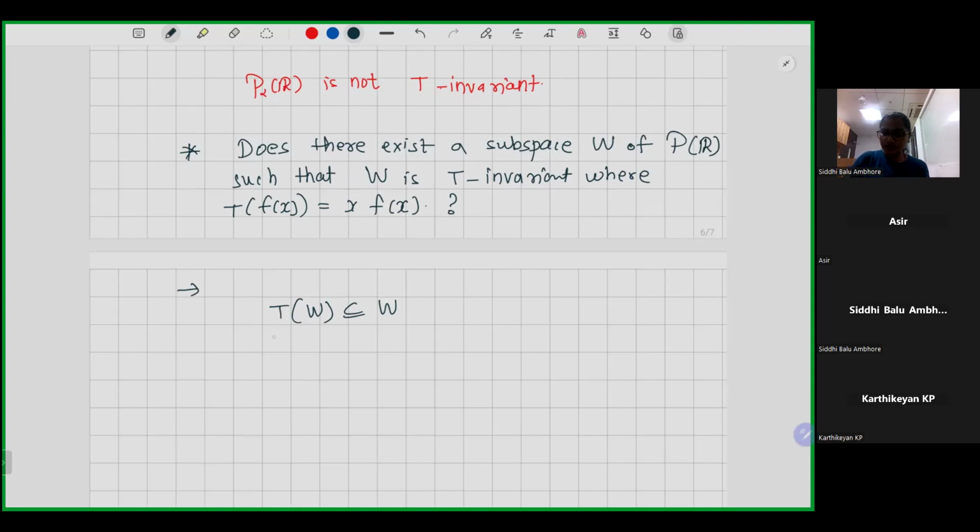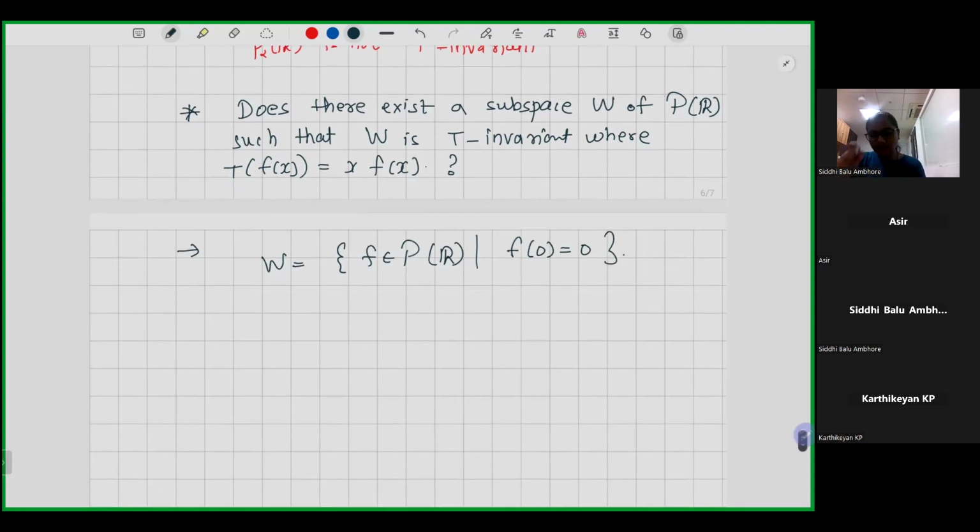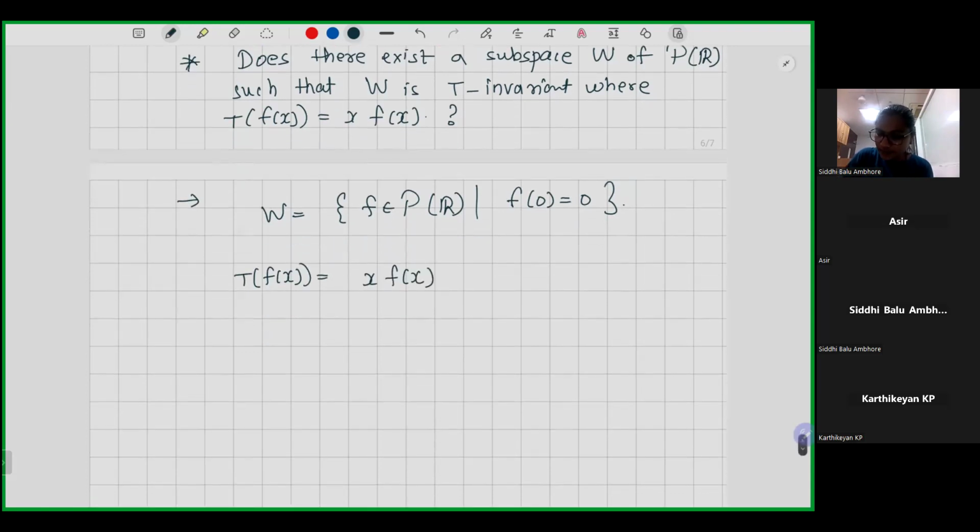So can you give me a W which is an invariant subspace? Constant zero subspace, or how we write it, W is the set of f in P(R) such that f(0) = 0, right? Then when I take T of this f(x), it is x into f(x), right?